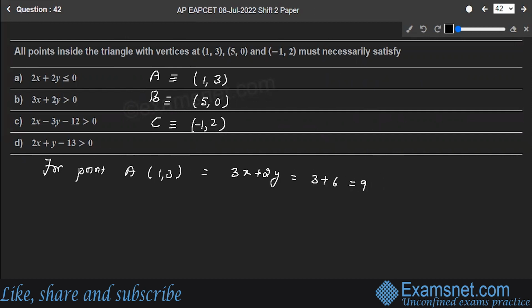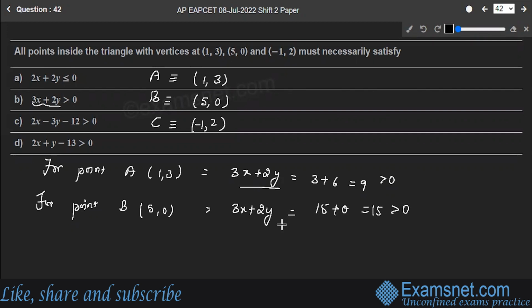That is greater than 0. For point B, which is (5, 0), this equation 3x + 2y, I'm considering that only, will be equal to 3 into 5, that is 15, plus 0, that is equal to 15, which is greater than 0.